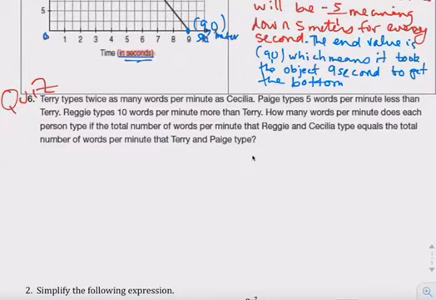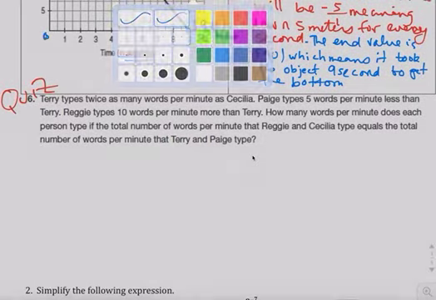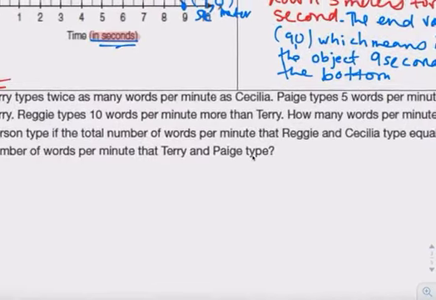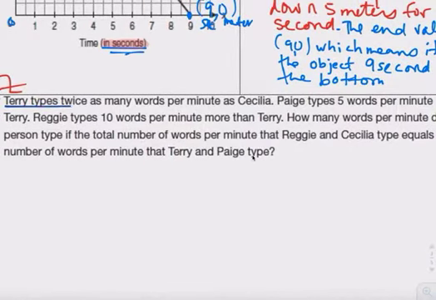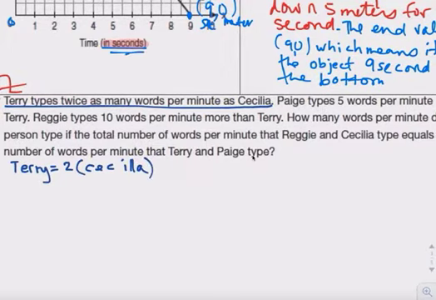Now, this one here, Terry typed twice as many words as Cecilia. Terry typed twice, okay, we're talking about Terry. Typed twice, that's 2 times as many words as Cecilia. Okay, that's Terry. Paige typed, there's Paige.